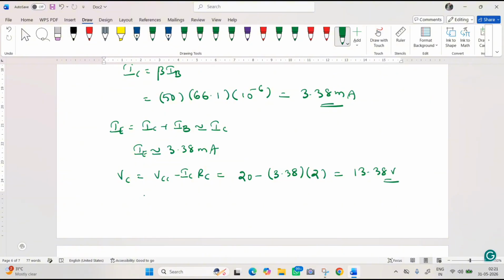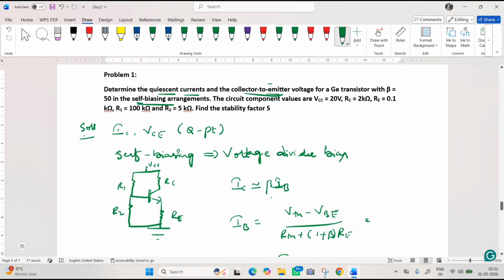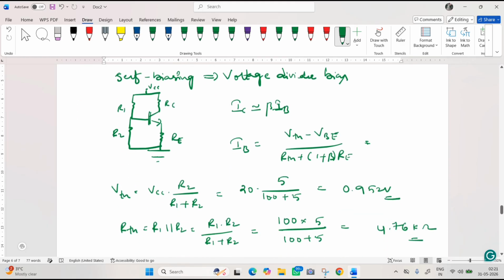So by using this, again, we have to find VCE, right? For that, we have to know VE also. This VE value will be equal to IE into RE, right? IE is approximately equal to IC only. That is 3.38. And what about the RE value, how much was it given?